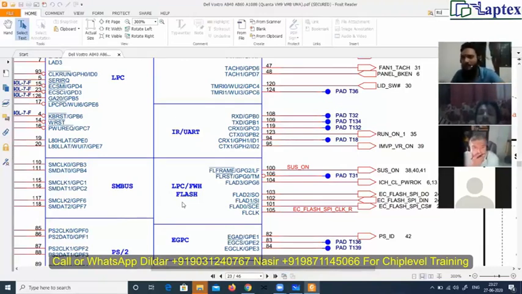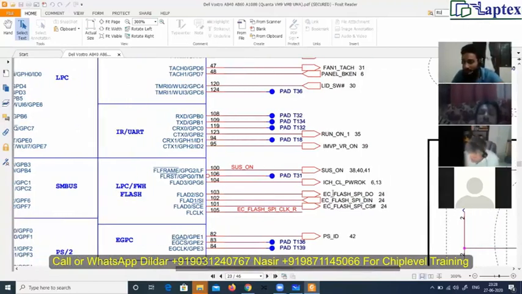That will be covered in the description by Nasir sir. Don't worry about that, but you asked me, so I need to tell you. It's an LPC section, low pin count. It works at 33 megahertz, and it's a communication with the BIOS. See here, it's an EC BIOS communication, EC flash SPI.